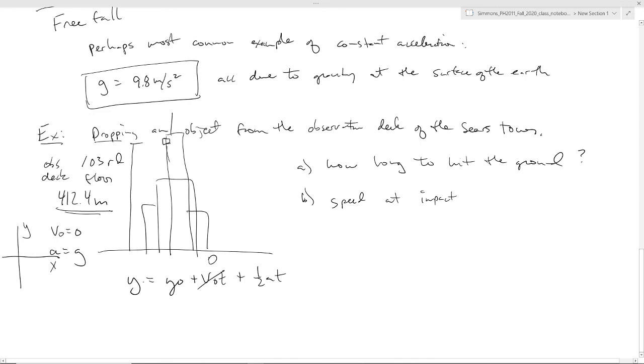We know that the final height is also going to be 0 because it's going to land at y equals 0 if we put our coordinate system on the ground. And this acceleration is going to be g, and it's going to be negative because it's pointing down. So let's put that information in.